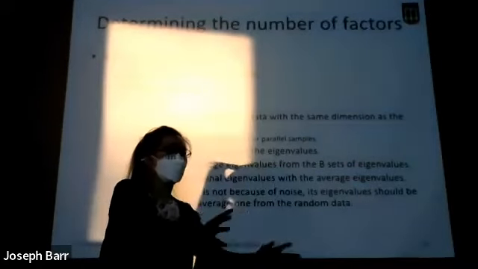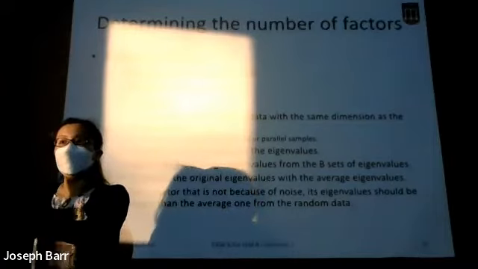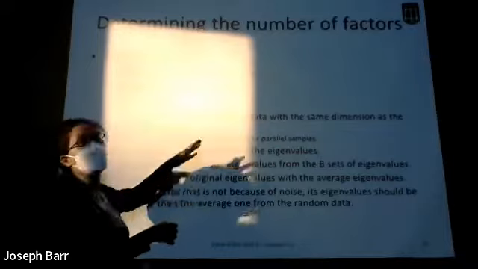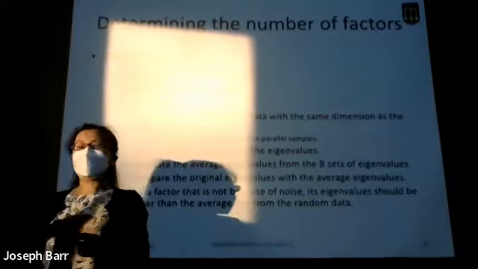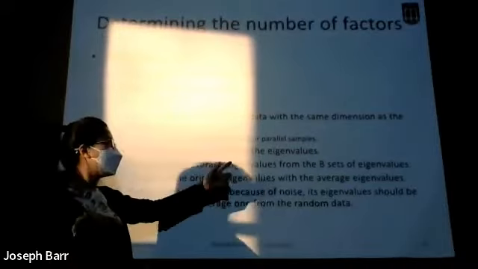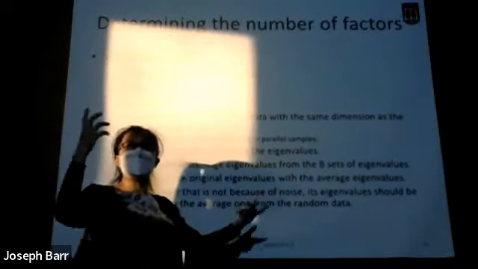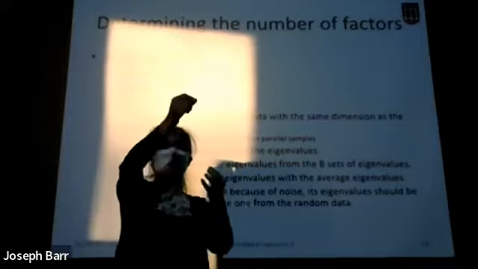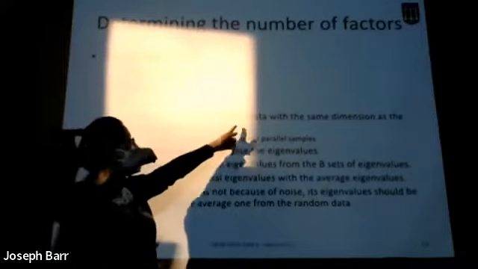So the logic is that we have the original data sets, and we compare them with some noise. How do we get that noise? We generate a large number of data sets. For each set, we have P eigenvalues, supposing the dimension of the original data set is P: lambda 1, lambda 2, up to lambda P, for the first generated random data.